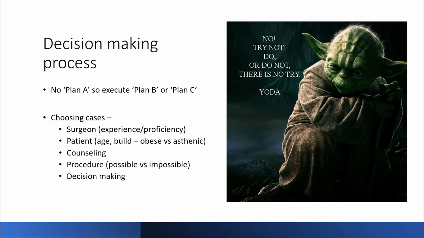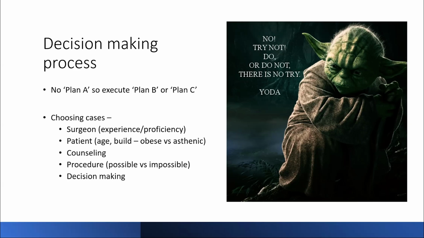The type of patient is also very important. So the patient's age: is the patient skeletally mature or immature? This would be important if you were considering procedures like guided growth, where you have a very narrow margin of error. The build of the patient, an asthenically built patient versus an obese patient, would create problems with access to the surgical site.